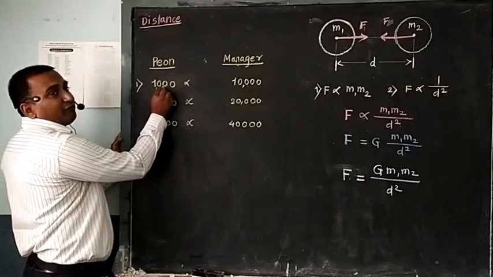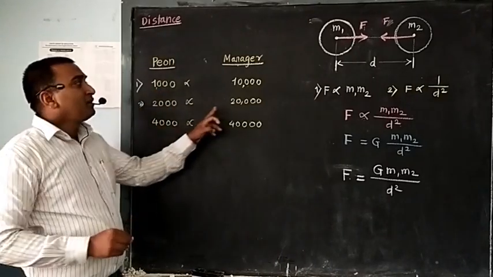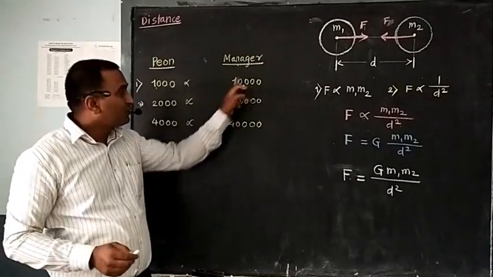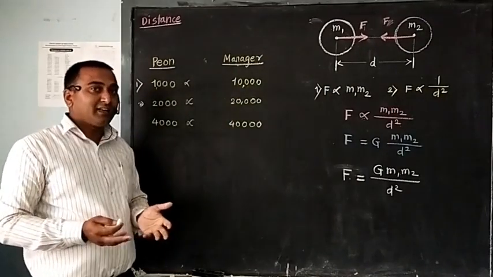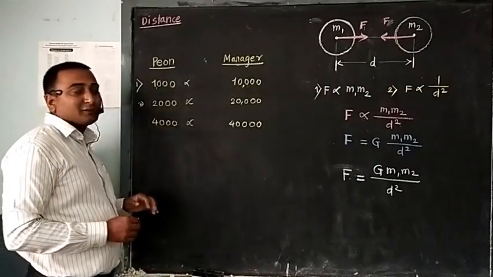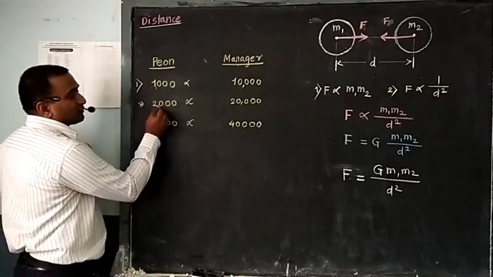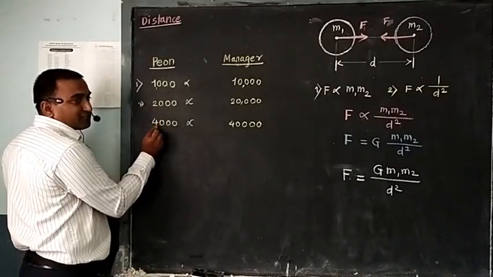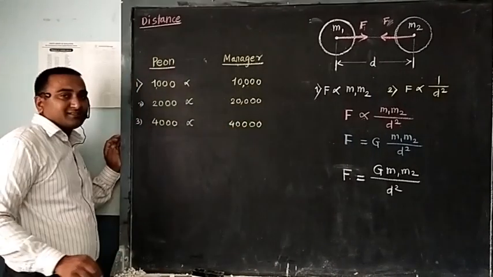So double of 1,000 is 2,000. So definitely the manager's salary also gets doubled. So it is 20,000. Again next year there is a lot of profit for the company. So again the company has decided to double the existing salary. So 2,000 changed into 4,000 and 20,000 changed into 40,000.